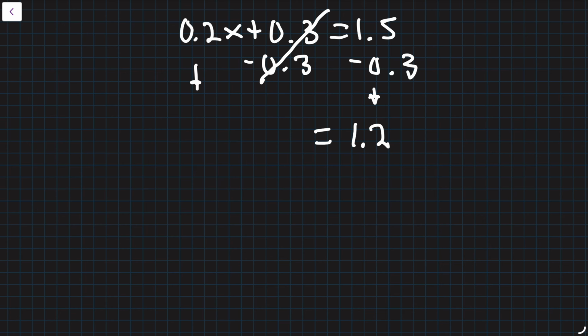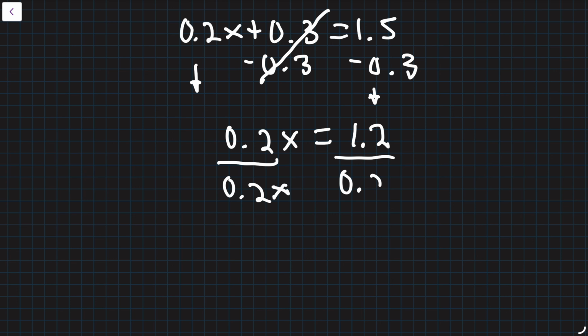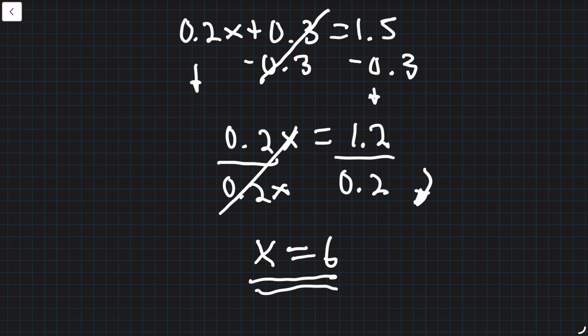Then bring down the 0.2x right over here, and divide on both sides. So 0.2 cancels out, and when you divide 1.2 by 0.2, the final answer is going to be x equals 6, and that is your final answer.